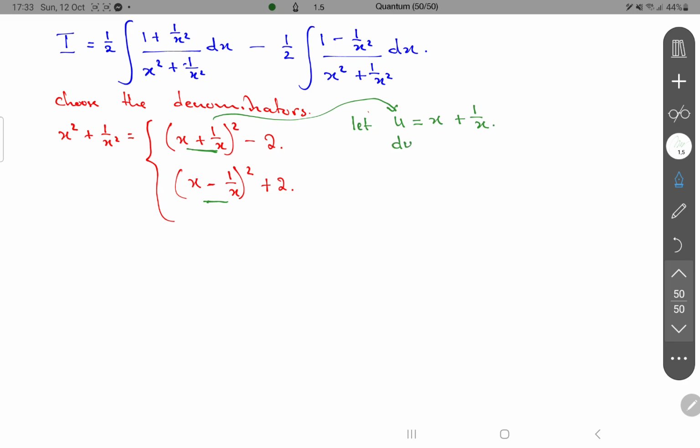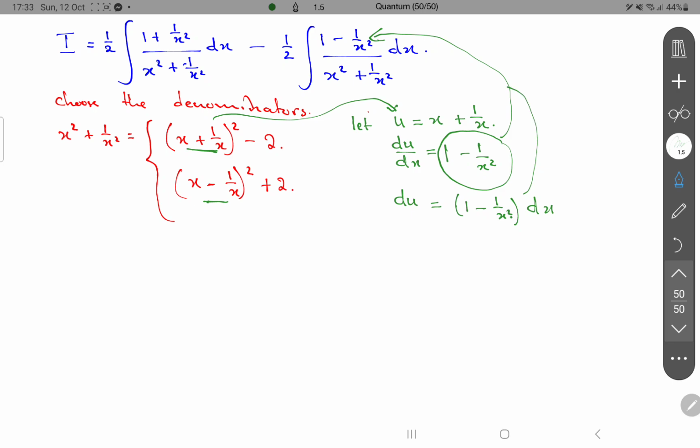So if I differentiate, du over dx is 1 minus 1 over x squared. You can see this part here is identical to this part here. In other words, my du is equal to the bracket 1 minus 1 over x squared dx. That is exactly that part there.